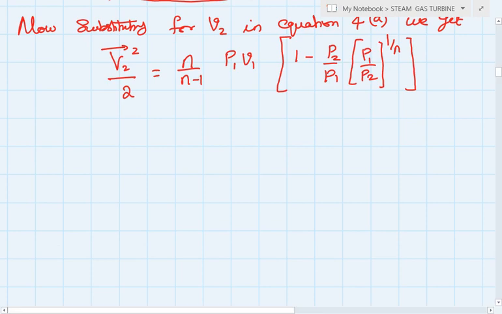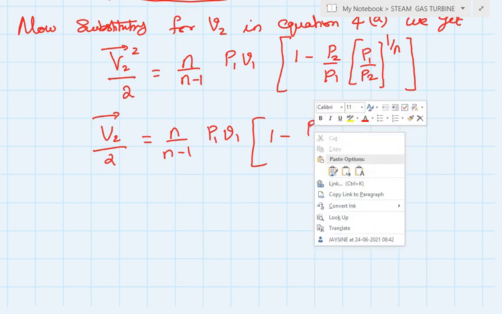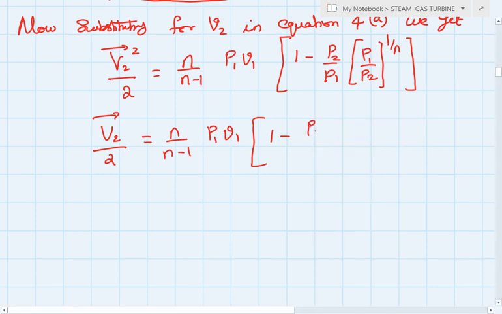Now, let us further simplify this. V2 square by 2 equals n divided by n minus 1 P1 V1 into 1 minus, when I simplify this, I'm going to get P2 by P1 into P1 by P2 to the power of 1 by n, which is P1 by P2 to the power of 1 minus 1 by n.